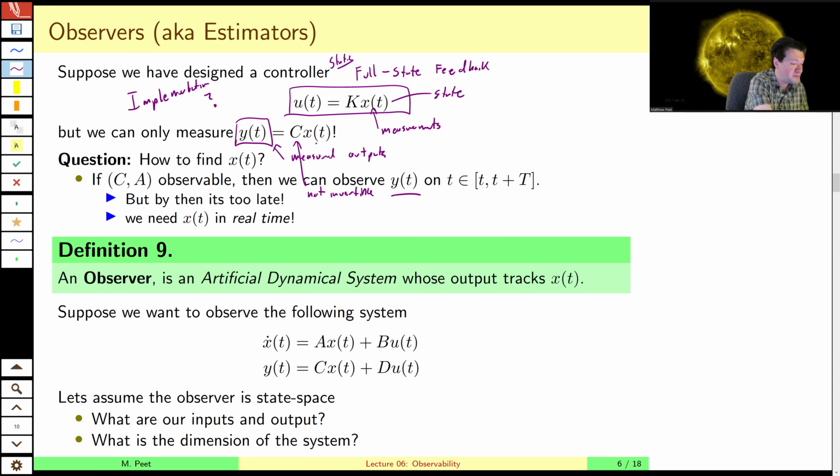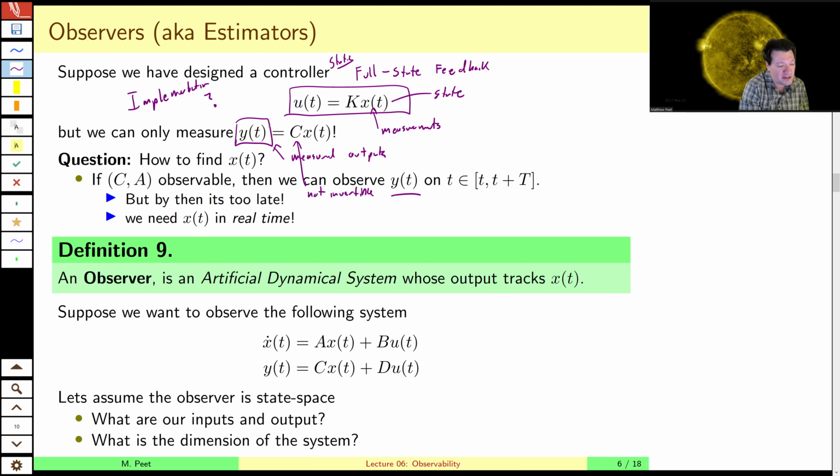We weren't talking about measurement mapping instantaneous states from the output. We're talking about observing y on some interval and then using that function to infer what the initial condition was. Right? So we could apply that. We could observe the output on a very small time interval, and then say, hey, that's our current state. But that's not right.